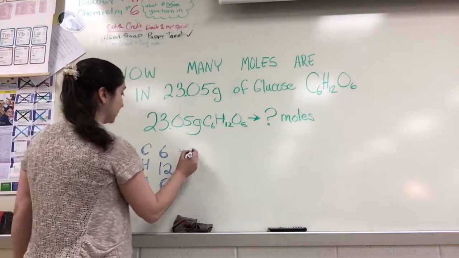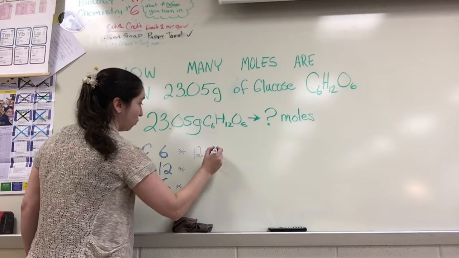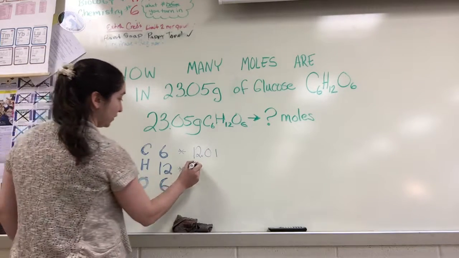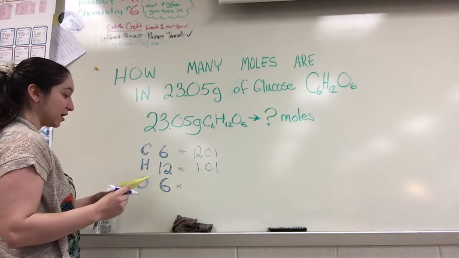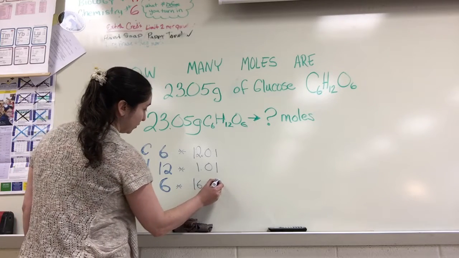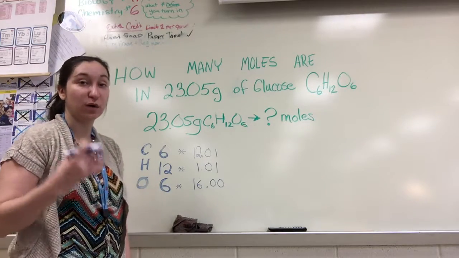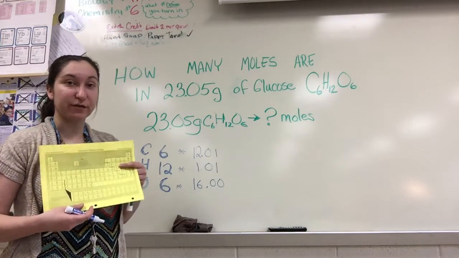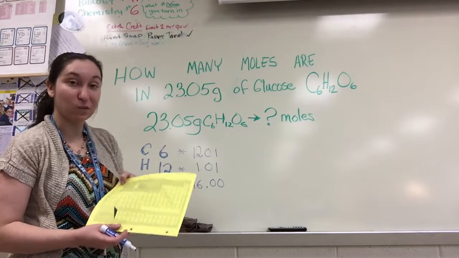I've got carbon on my periodic table as 12.01. I've got hydrogen on my periodic table as 1.01. And I've got oxygen, which is 16.00. All right. I have to also keep in mind what my units are. It turns out that these numbers, for each type of element, are also how many grams of that element are in 1 mole.